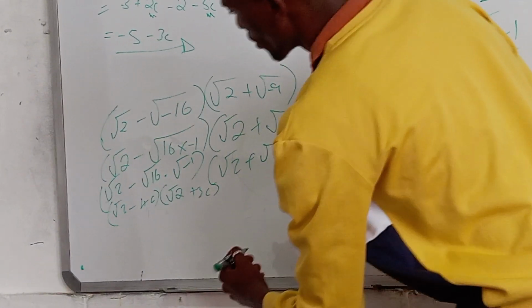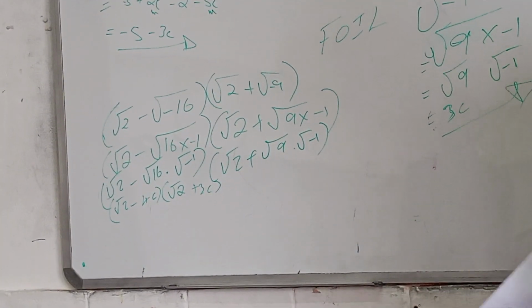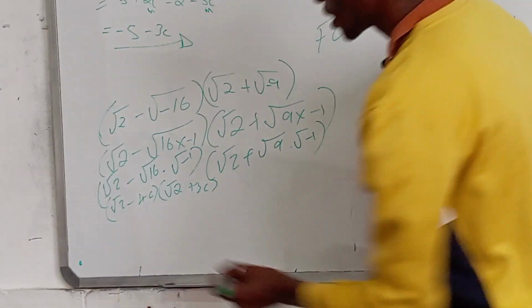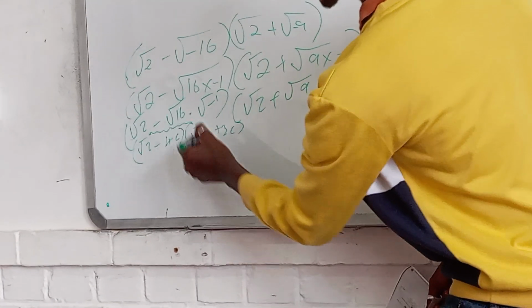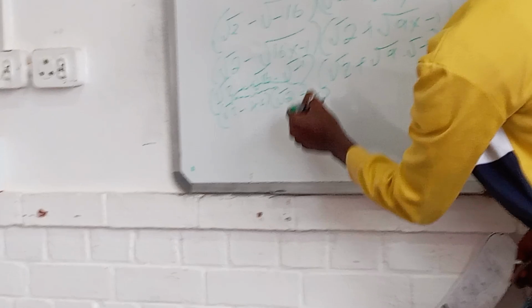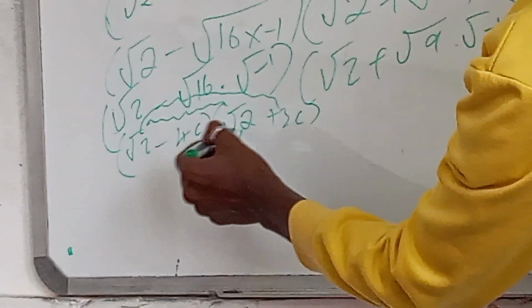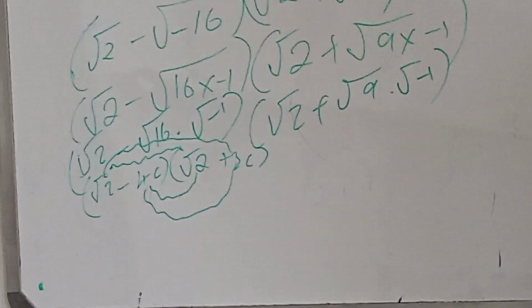And we talk about the FOIL method, right? We start with the first ones, then the outer ones, then this one, and that one there. This is what is called the FOIL method.